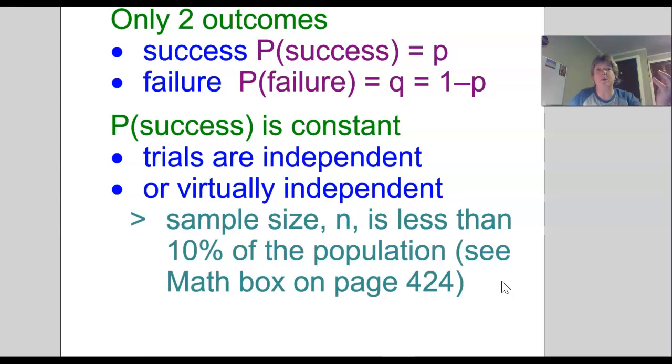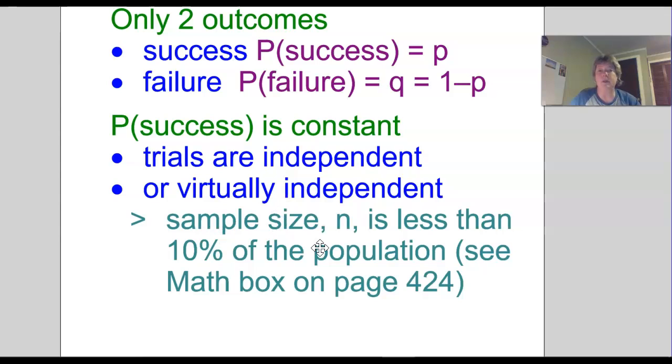So if I draw people from the whole population without replacement, when I start, taking someone at random, the probability that I get someone left-handed would be 14%. Now, I've taken one person out. So technically, the proportion of people remaining in the population who are left-handed is just under 14% now. But because the population is so large, and I'm drawing out such a small number, for all intents and purposes, that probability is not changing. That's what I'm talking about for virtually independent. So this is what you're going to cite when we're drawing from a finite population without replacement.